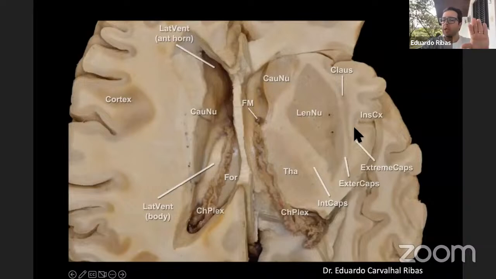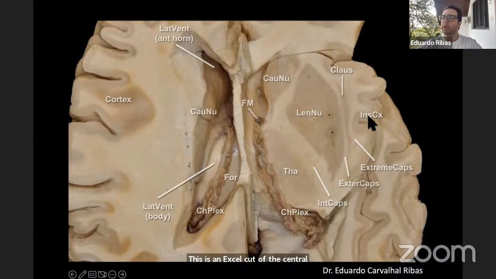If we make a cut of these structures, we can see this block formed by alternating layers of gray matter and white matter. This is an axial cut of the central core.